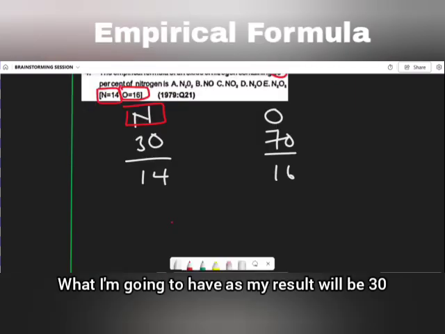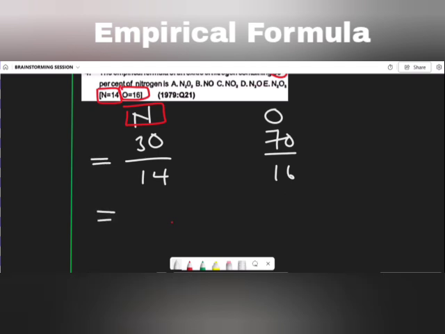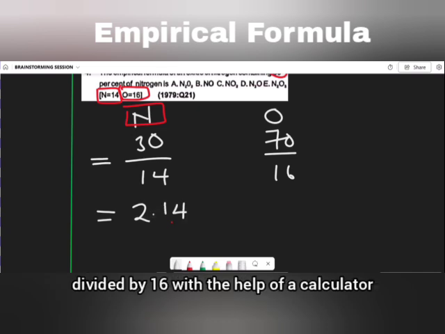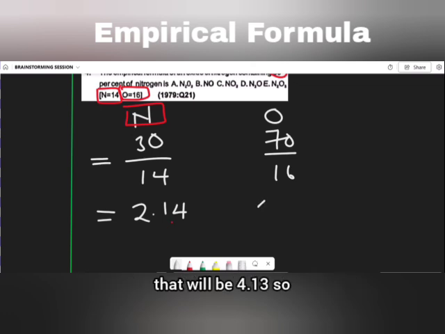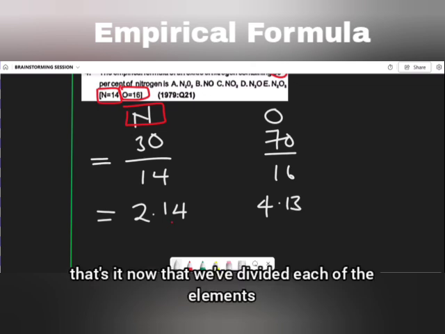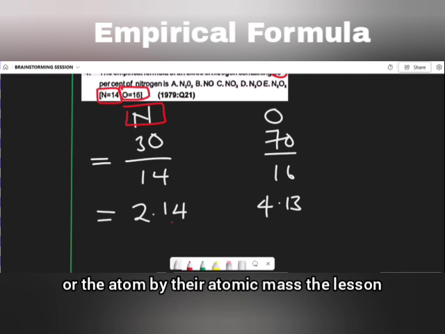My result will be 30 divided by 14, which with a calculator is 2.14. While the other one, 70 divided by 16, with a calculator will be 4.13.